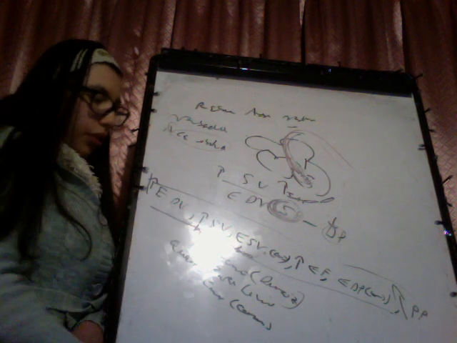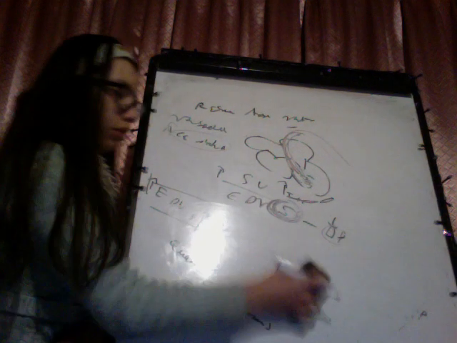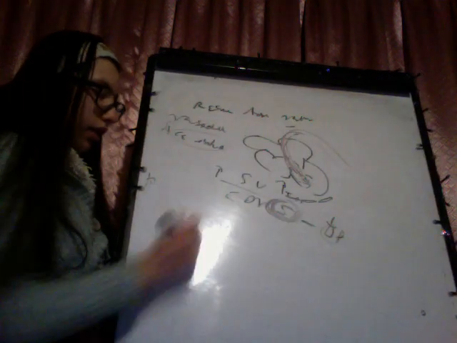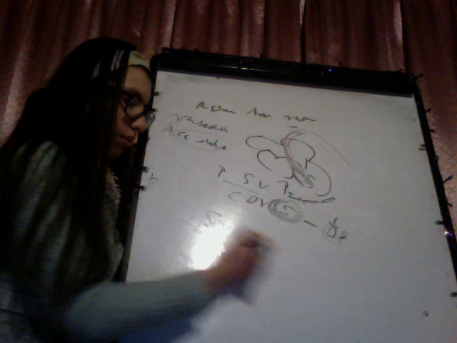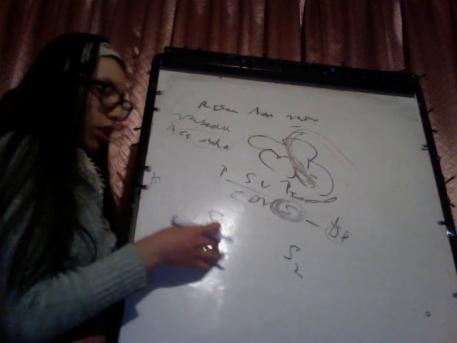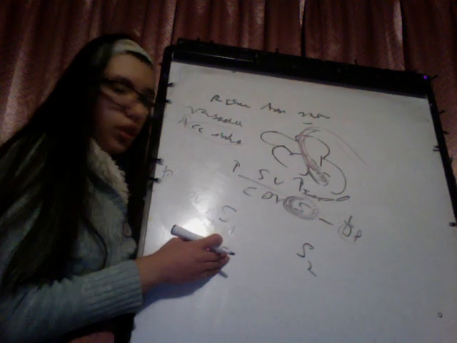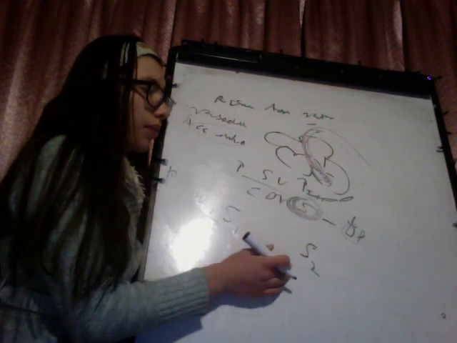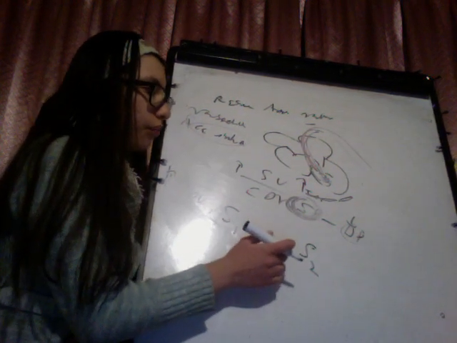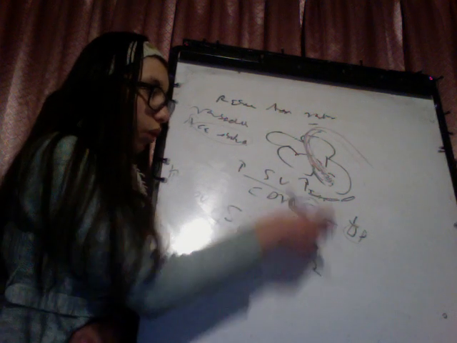The murmur looks like this. Here we have S1 and here we have S2. S1 is the closure of the atrioventricular valves, and S2 is the closure of the semilunar valves. But here we do not have the closure of this valve.